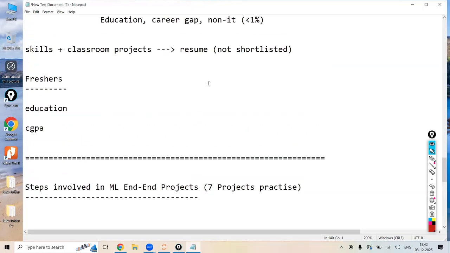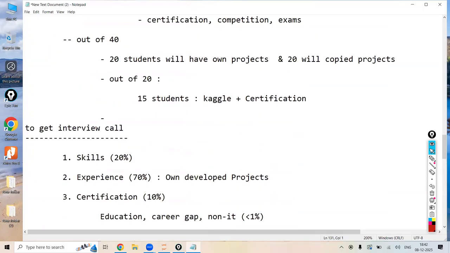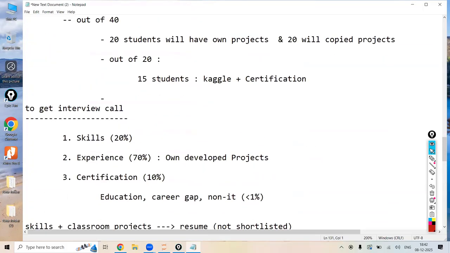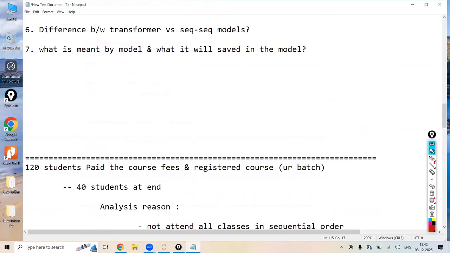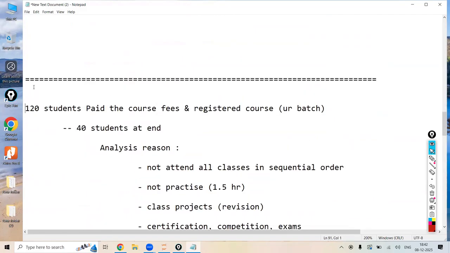Okay. So here, everyone is important. And as I've told you, today, what is the day? 8th December, right? Now, I'm writing here: 8th December 2025. How many students are there? Online students: 73 participants.